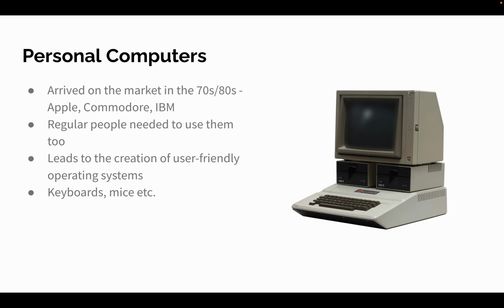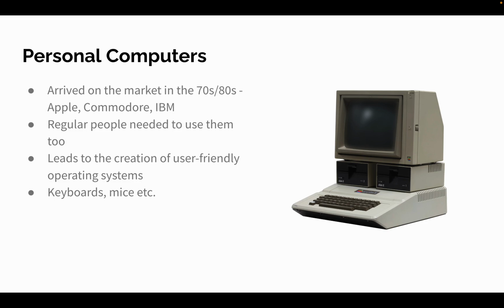You have manufacturers like Apple and Commodore and IBM. I've pictured here the Apple II computer, which was a popular choice in the late 70s, early 80s as a personal computer in the home. But of course, computers could only really be used by programmers up until this point. So this created a need for user friendliness.